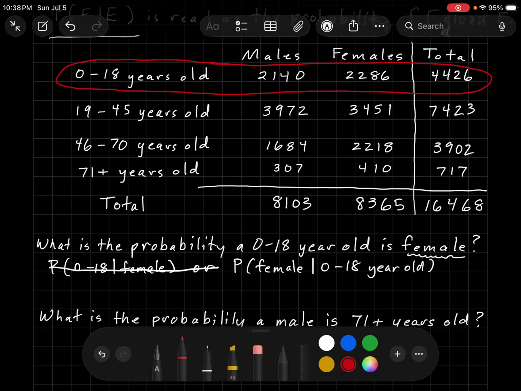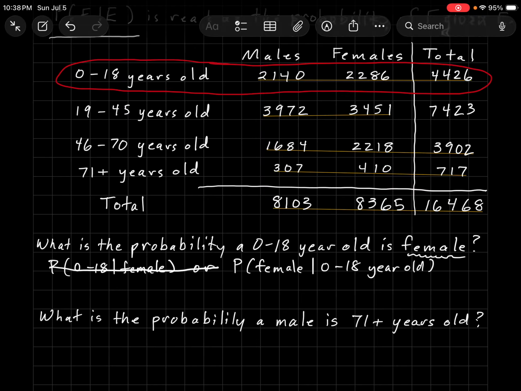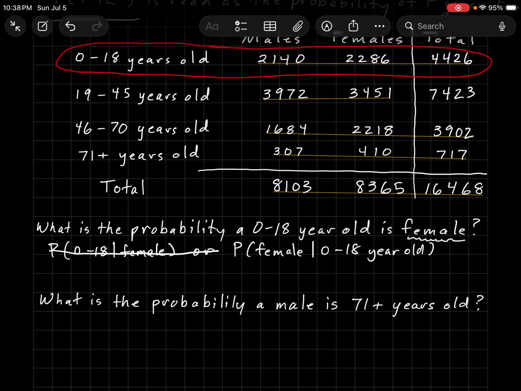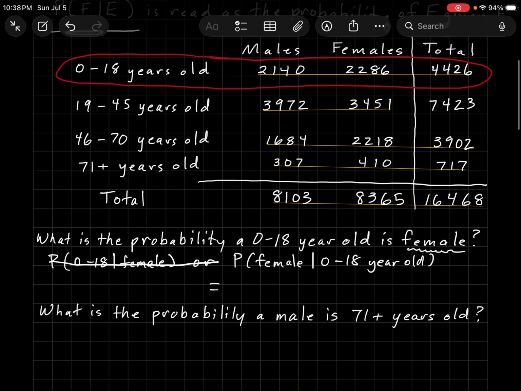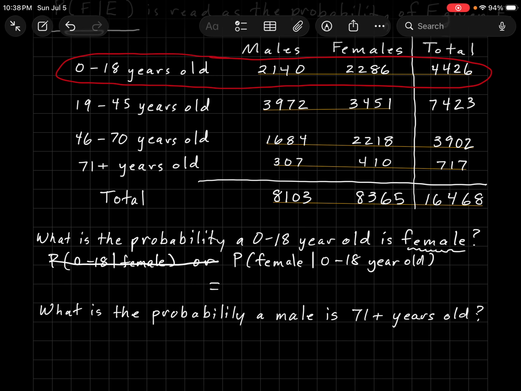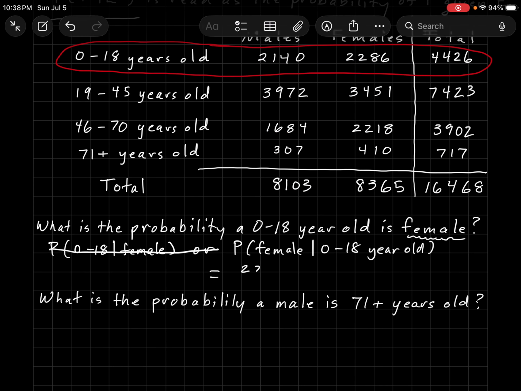Then I can do the probability like we've been doing in these last few videos, which is how many things that I want, in this case females, 2286, out of the total 0 to 18 years old, 4426. You can simplify that if you need to. You can put it in decimal form with the calculator, but I like fractions so I can see where things came from.